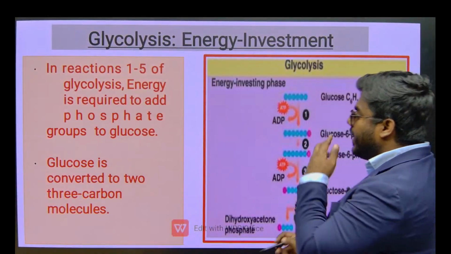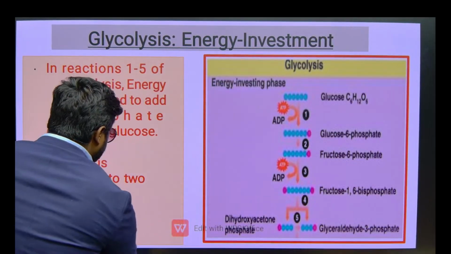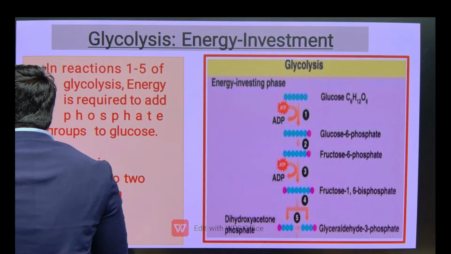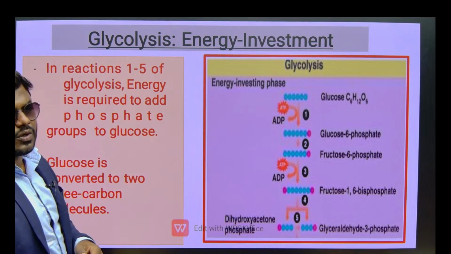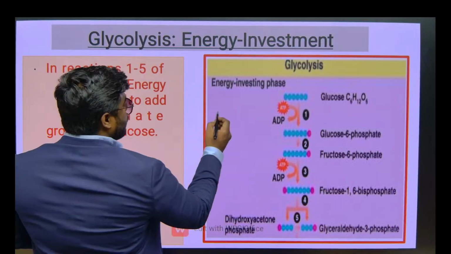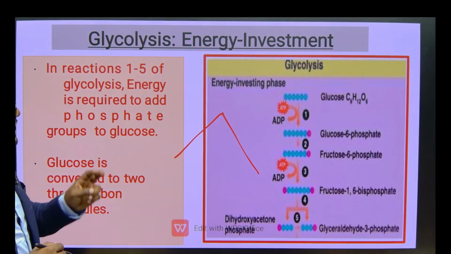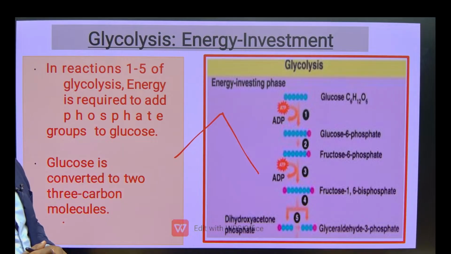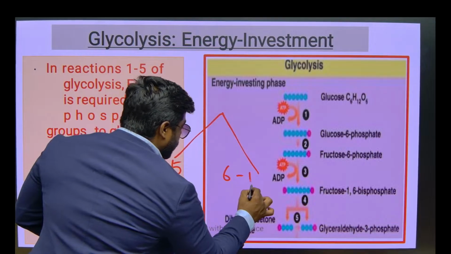All right, now let's study this particular glycolysis process. What is the ultimate goal of glycolysis? Production of 2 pyruvates by breaking down glucose. But friends, we can't break down glucose directly into pyruvate. It contains a total of 10 enzymatic steps, 1 to 5 and 6 to 10.